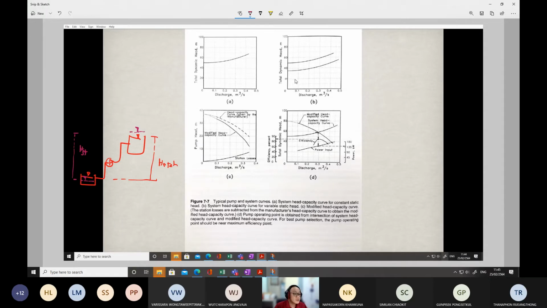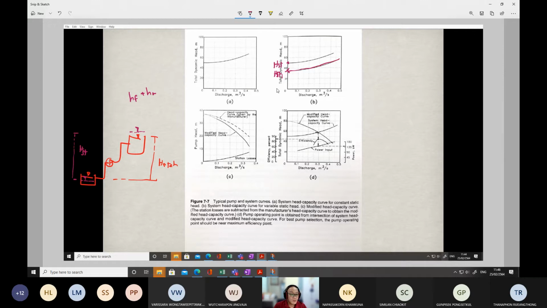So when we consider buying the pumps, if there is too much water level difference, you have to consider two conditions. The first is the initial condition, initially it was like this. At the end, it gets greater like this. So this is the initial static head, and this is the static head at the end of the operation. If you combine this static head with the major loss and minor loss, you will get lines like this.